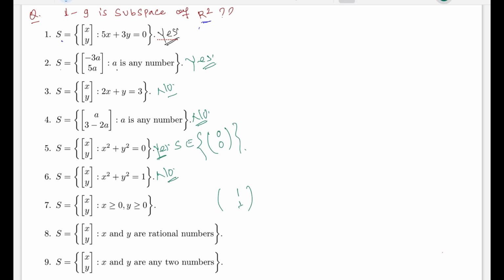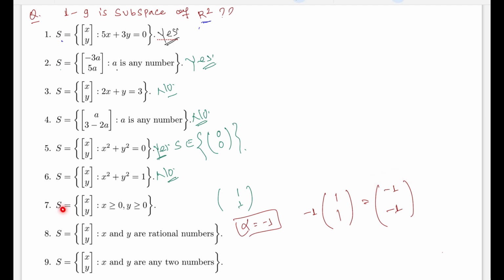Now if I take some alpha that is equal to -1, and multiply this alpha with this (1, 1), then what I will get is (-1, -1), right?